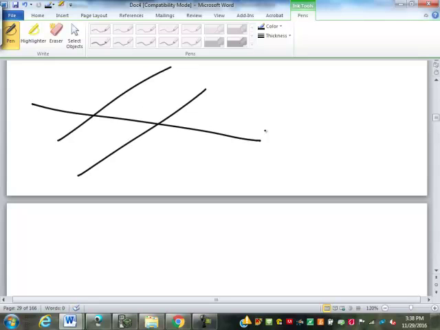So what if I give you this situation here where we have 7x plus 7 and 2x plus 11 for those two angles.